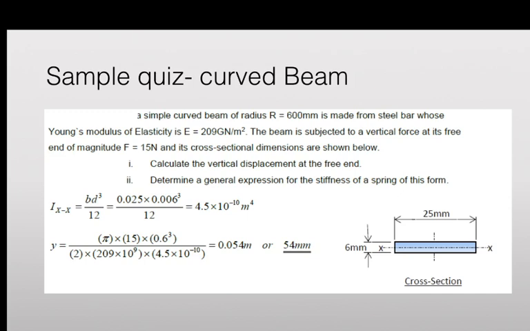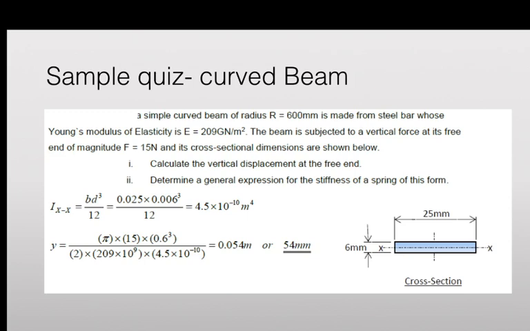The beam is subjected to a vertical load at its free end of magnitude F equals 50 Newton, and its cross-sectional dimensions are shown. Calculate the vertical displacement at the free end. Determine a general expression for the stiffness of the spring of this form.